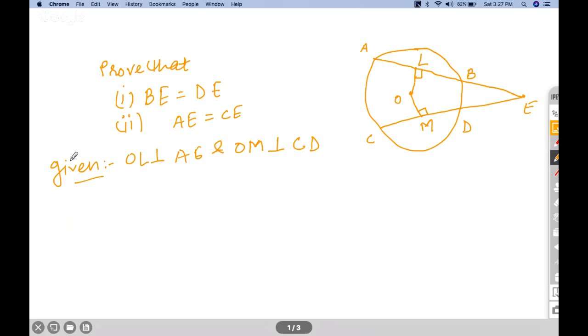Just solve this question. After doing this, let me know who all have done it.